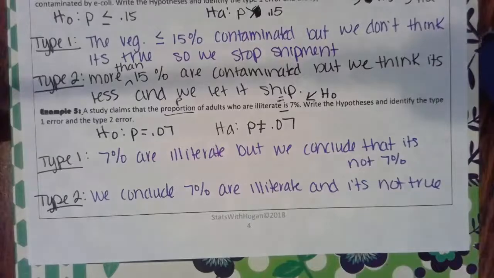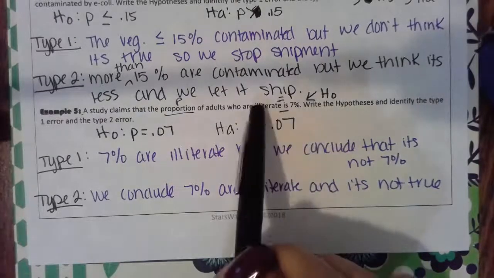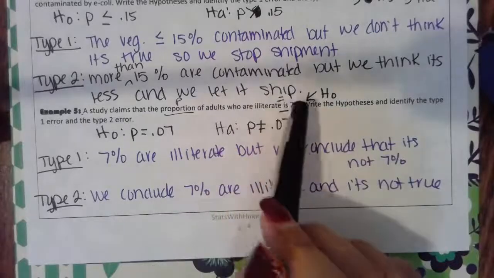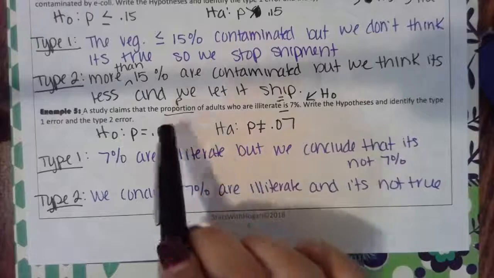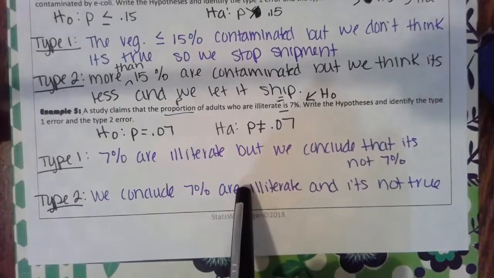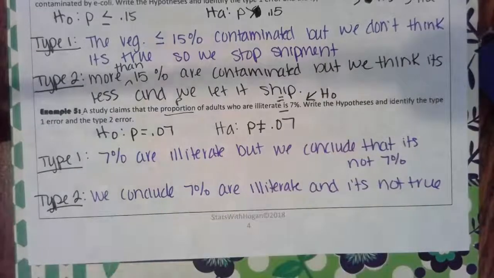So type 2 error would be the alternative hypothesis. You conclude the null hypothesis, but it was really the alternative in this case.